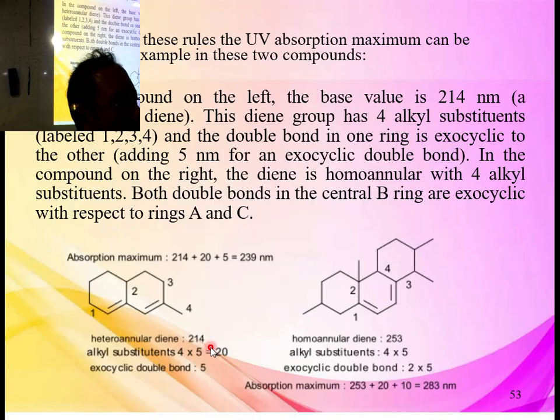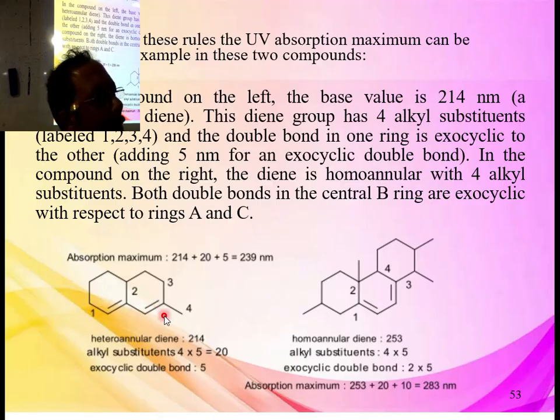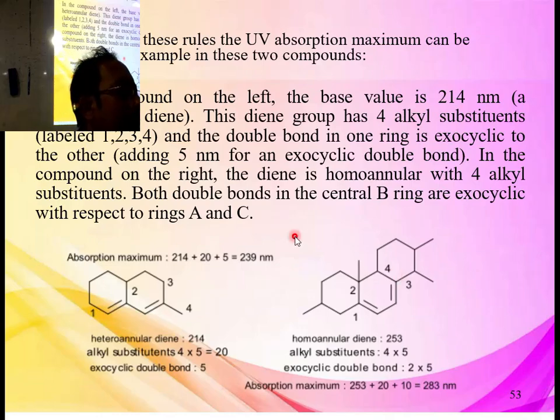If there is conjugation, as I told already, the shift will be towards the red, the longer wavelength. Here conjugation is there, but it is not very effective, since both double bonds are in two different rings, so it is less effective compared to a single ring.